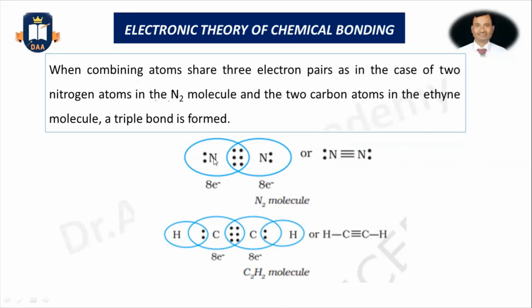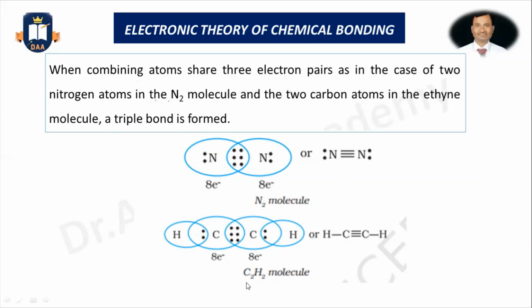So each nitrogen atom shares 3 electrons with the other nitrogen atom, and so between the nitrogen atoms, 3 pairs of electrons are formed. That means nitrogen forms a triple bond. So 3 parallel horizontal lines are there. It can be written like that.